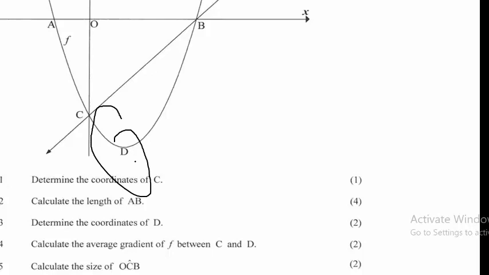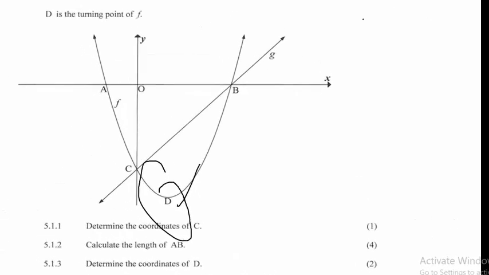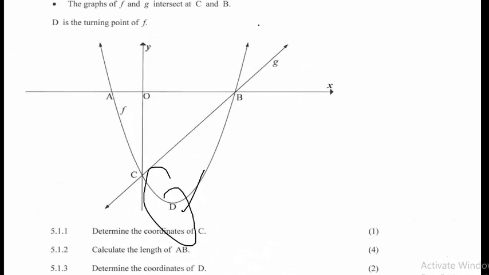But your D is there, right? So that's your D. It means it's a turning point. And for the turning point, we know how we calculate the turning point. Hopefully everybody knows that for a parabola, you do an axis of symmetry, right? Yeah, for a type of parabola. These types are not the same. For this type, we can do an axis of symmetry.